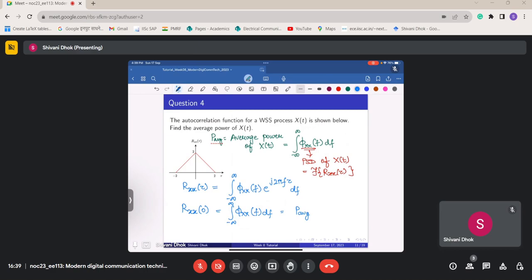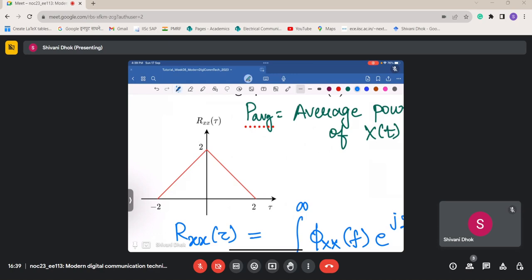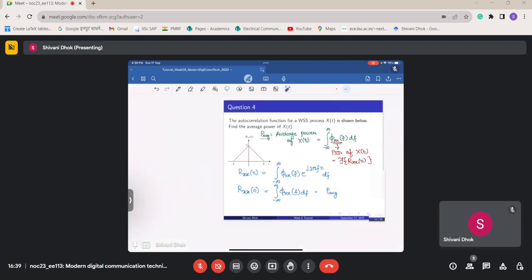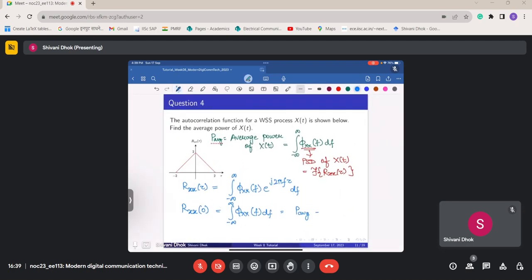That is the value of the autocorrelation at tau equal to 0, and at tau equal to 0 this takes a value of 2, and therefore this P average is equal to 2, and this comes from the figure. Okay, any questions?